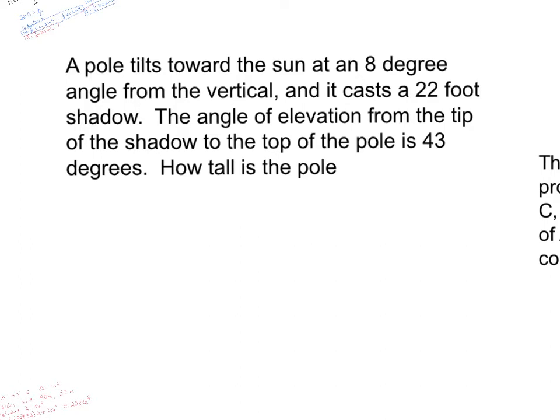If the sun is over here, there's our beautiful shining sun, and the pole is tilted toward the sun at an 8-degree angle from the vertical. Okay, so let's say here's our ground. Vertical would be straight up, and we're 8 degrees from the vertical. So the pole's like this.